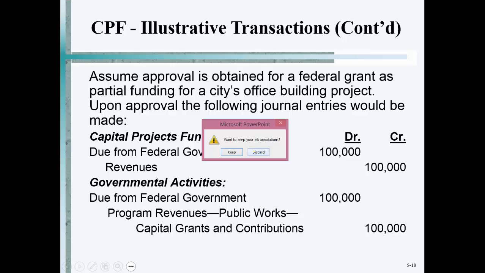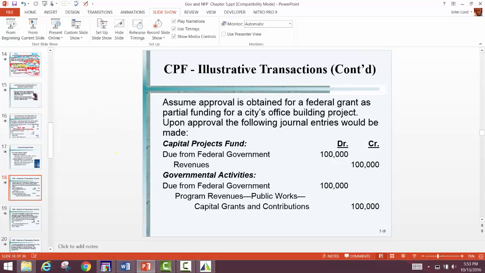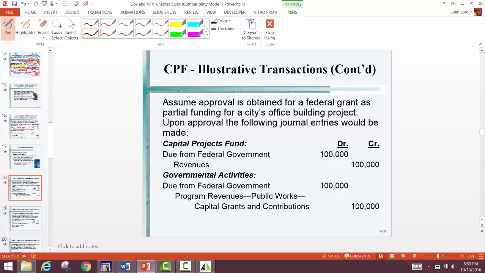I don't know. I think I'll keep all that, I guess. Okay, so here we've got the capital project fund. You can still see that pretty good, right? Okay, because what I want to do as we go through this capital project fund is keep track of two accounts. Okay, and somebody told me that I should be able to write over here and over here.